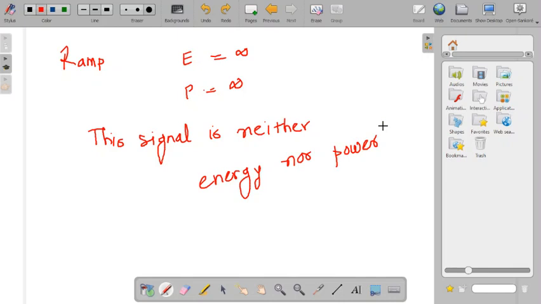So this is the important conclusion that we can draw. There are a few signals which are neither energy nor power. So ramp is an example of such a type of signal.